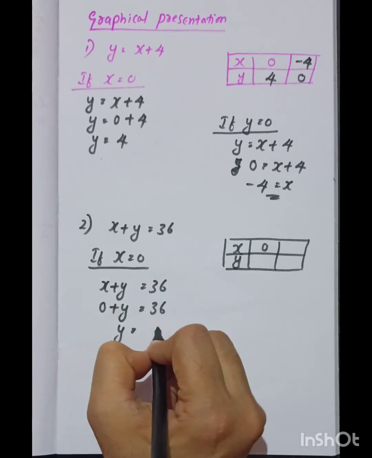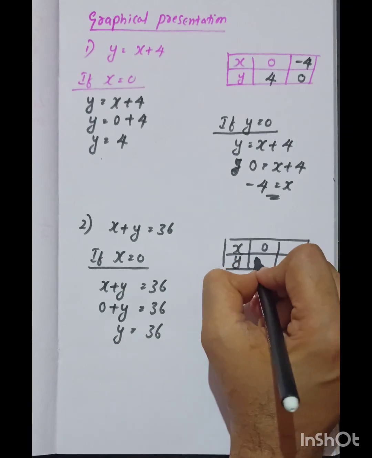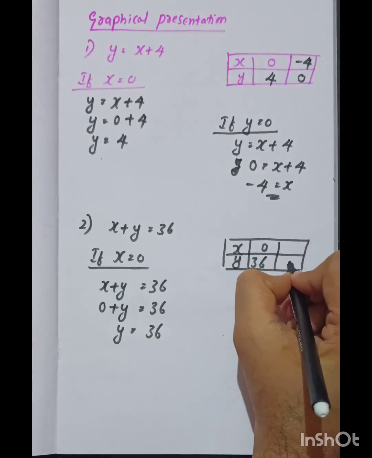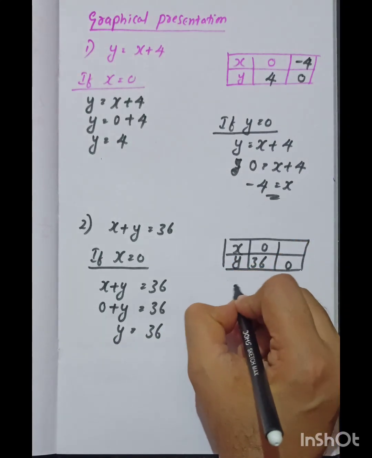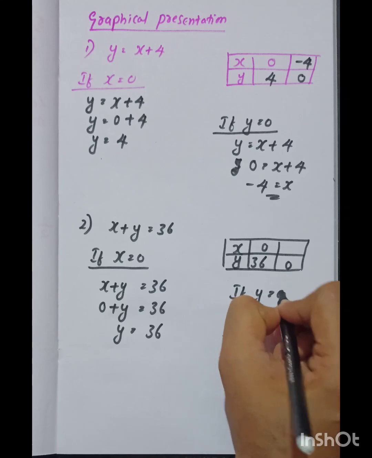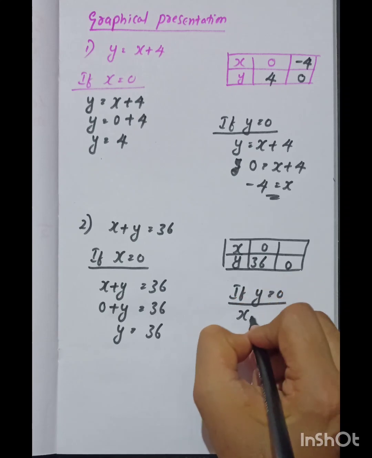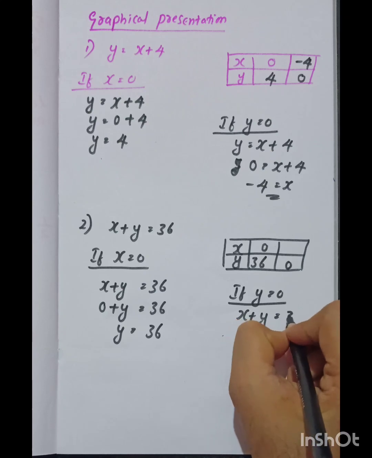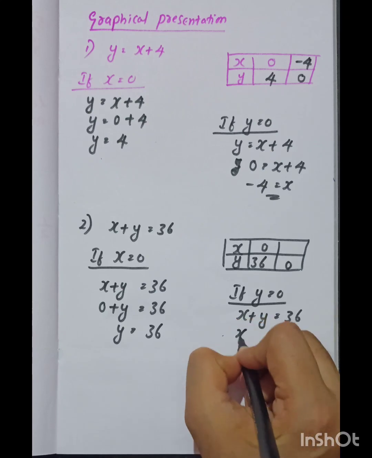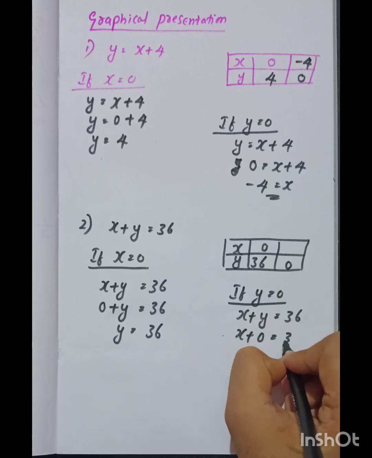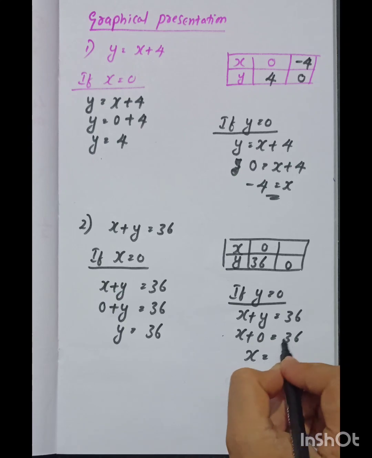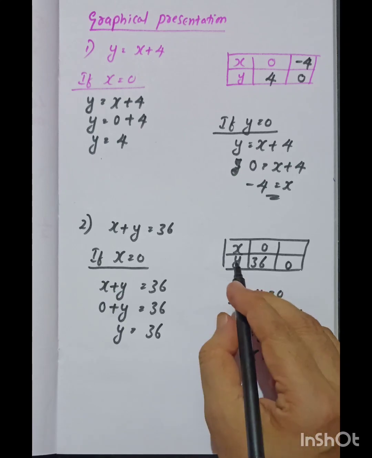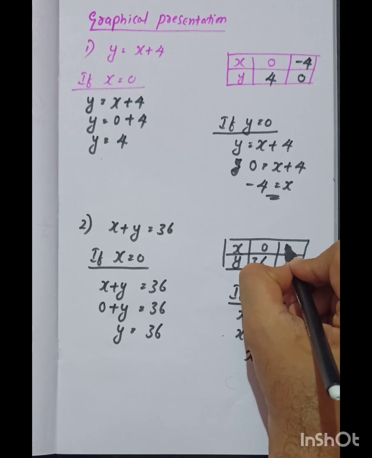When x is 0, y value is 36. So put 0 to y now. If y equals 0, x plus y equals 36, x plus 0 equals 36, then x equals 36. When the value of y is 0, x is 36.